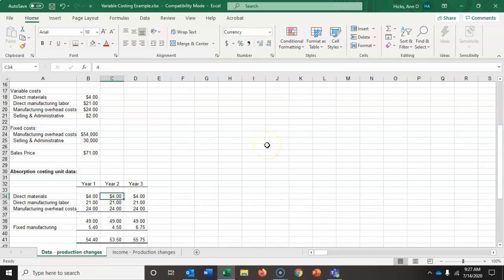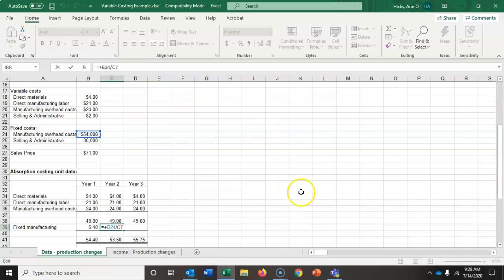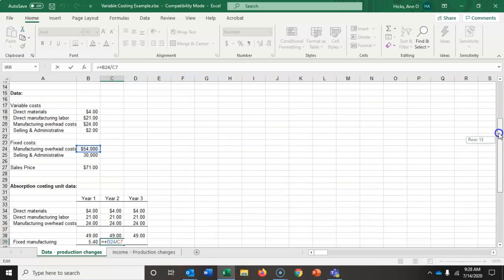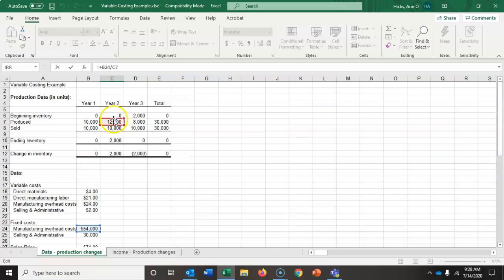Variable cost still the same, $4, $21, $24, a grand total of $49. Now, here's one of the tricky pieces of absorption costing. We've got those $54,000 in fixed manufacturing overhead. We divide them by our production, but our production went up this year.